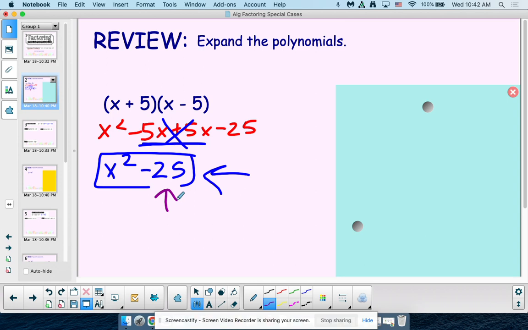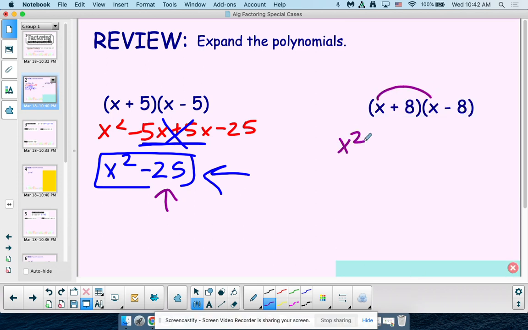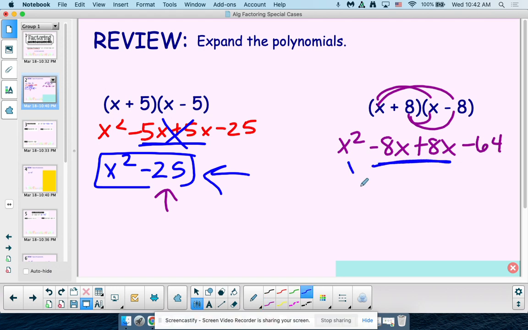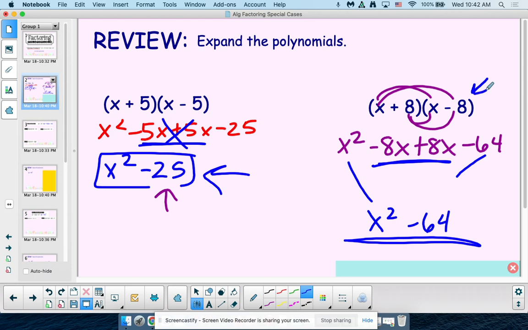Just real quickly, x times x is x squared, x times -8 is -8x, 8 times x is positive 8x, and 8 times -8 is -64. You see how those cancel out, so you're just left with x squared minus 64. One more time, we're going from this guy to this today.